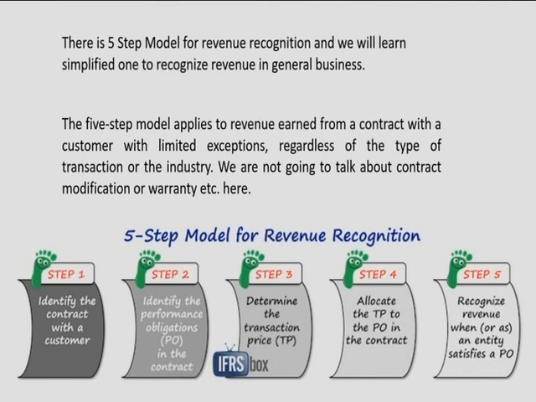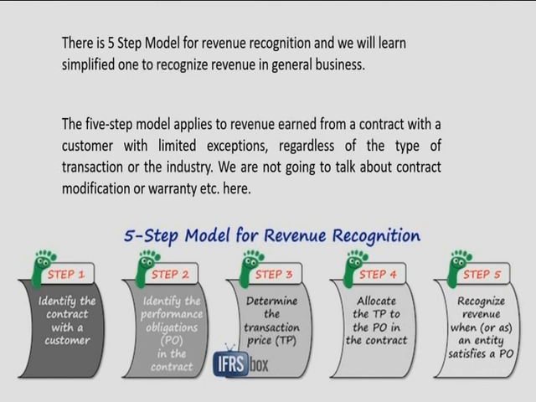The fourth step, after determining the transaction price, is to allocate the transaction price to the performance obligation in the contract. The fifth step: recognize revenue when or as an entity satisfies a performance obligation.